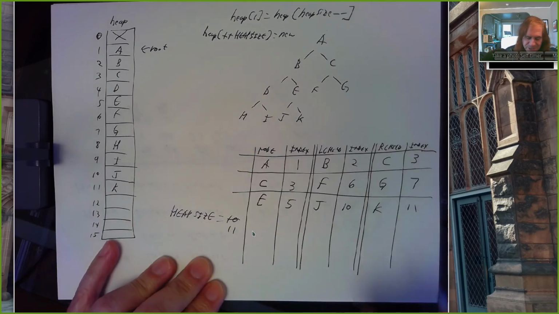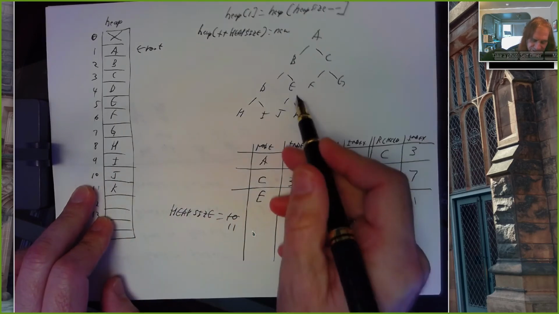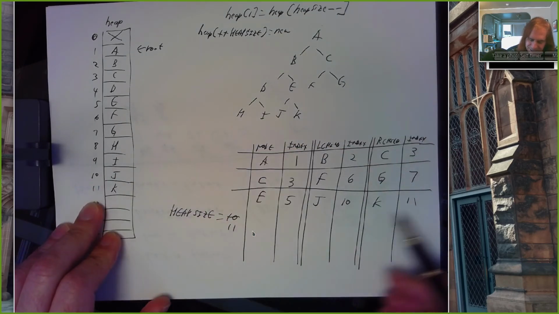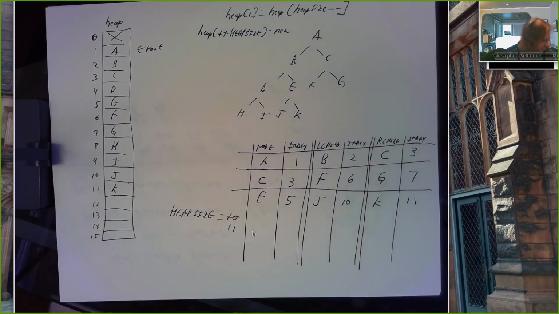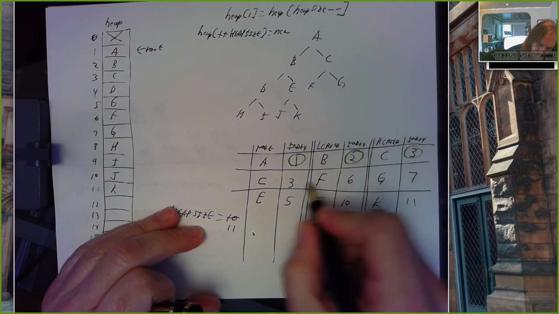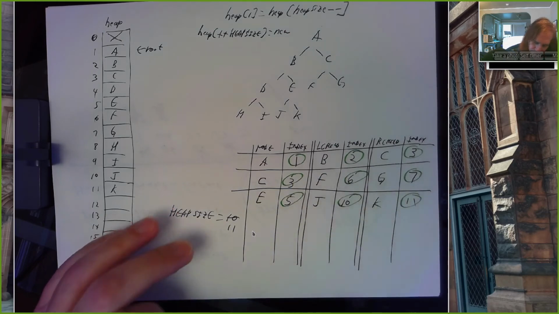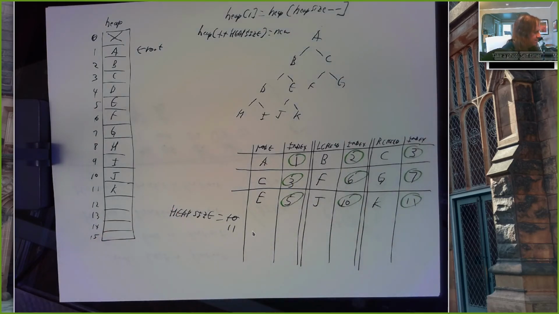Right, so we're just reading off data. Here's E, left child is J, that index is 10. Right child is K, that index is 11. All right, so let's hypothesize.